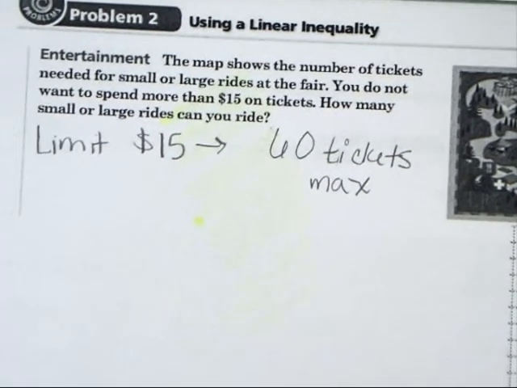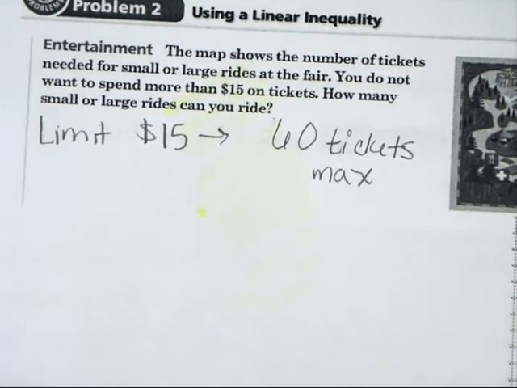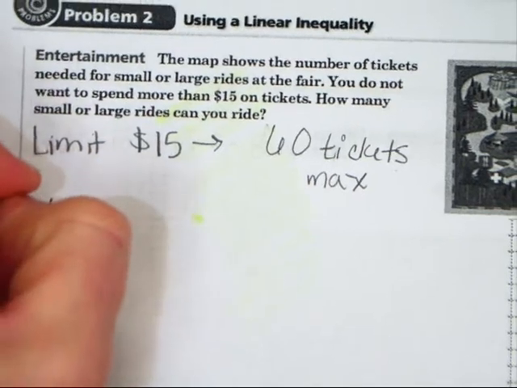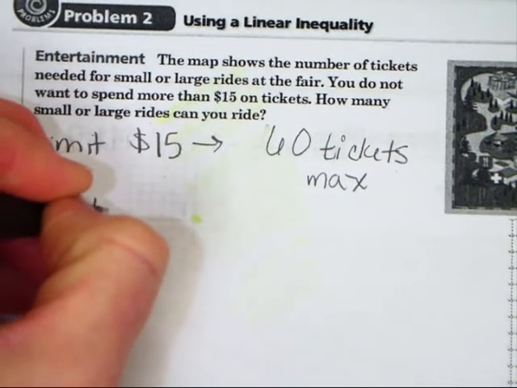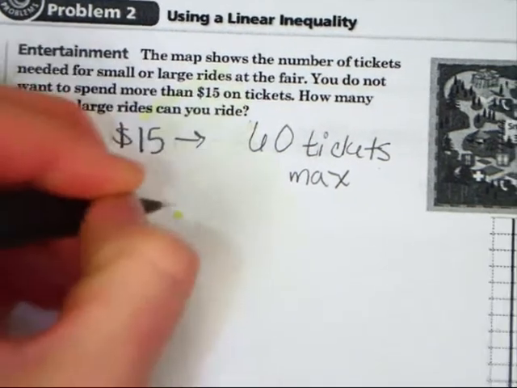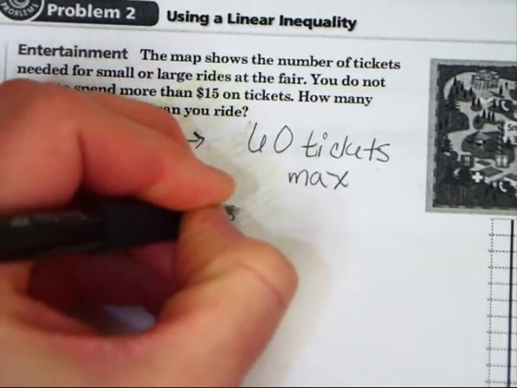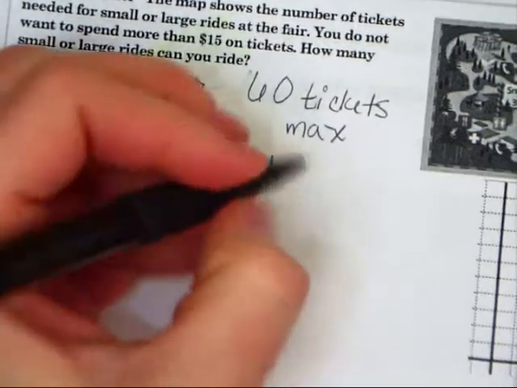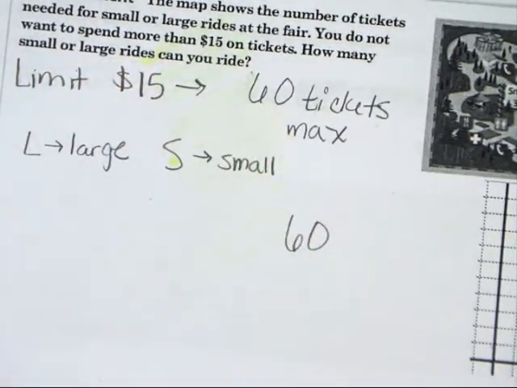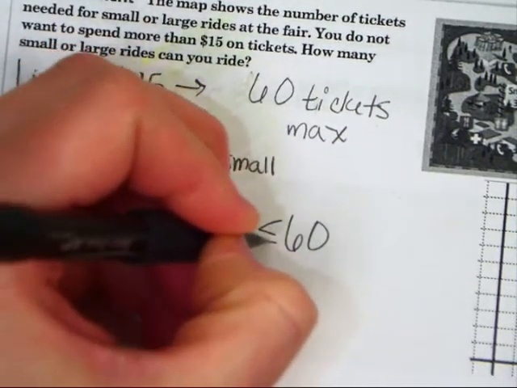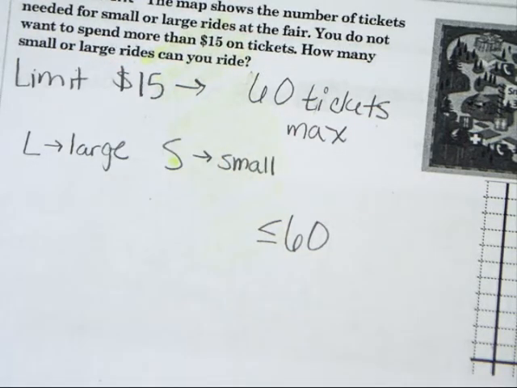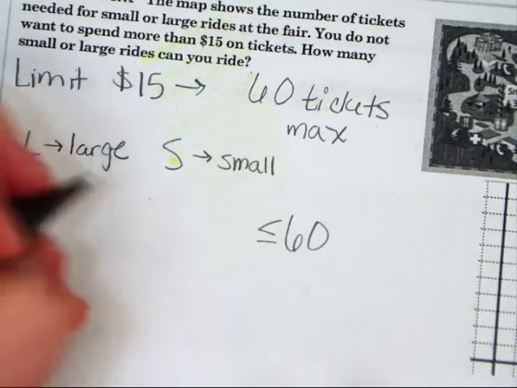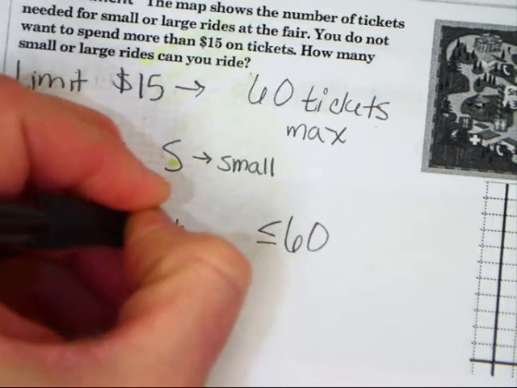Now what we need to do is come up with an equation using 2 variables. Why don't we let L represent the large rides, and S represent the small rides? If we have a limit of 60, that means what we get has to be less than or equal to 60, because we are limiting ourselves to 60 tickets and under.